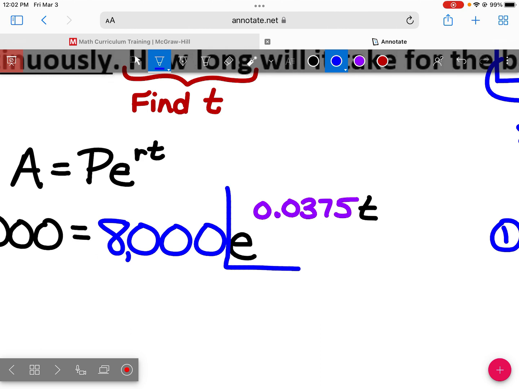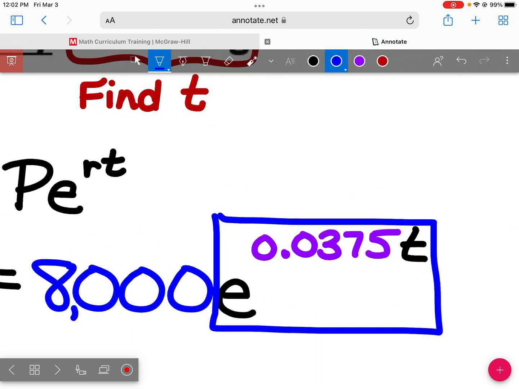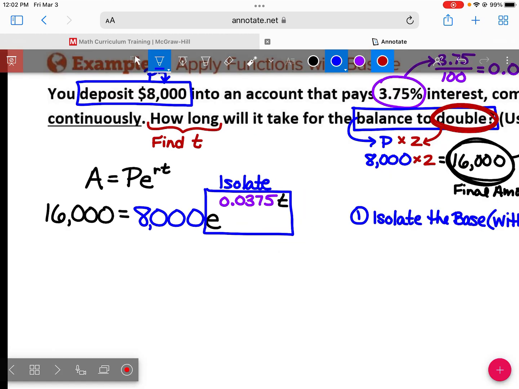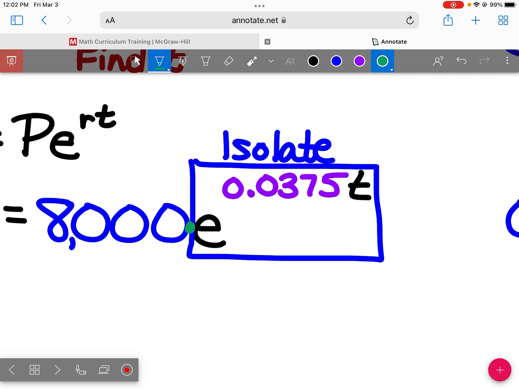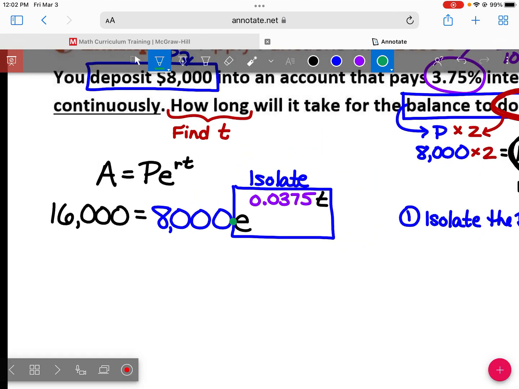So this right here is going to be isolated, which means I need to get rid of what's not inside that blue box: the 8,000. What's connecting the 8,000 and the E together? What operation? Multiplication is connecting these, so how do I undo it?